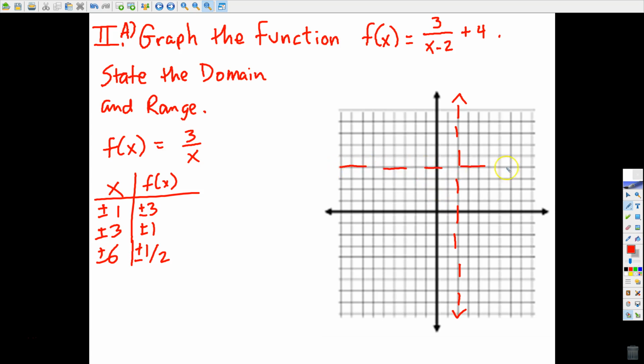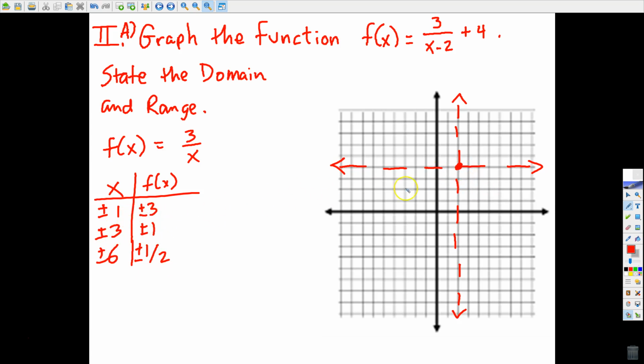And I draw another dotted line to represent my new horizontal asymptote. So where these 2 asymptote lines cross is the new origin. It is from this dot that you're going to plot these 6 ordered pairs, the 3 positives and the 3 negatives.